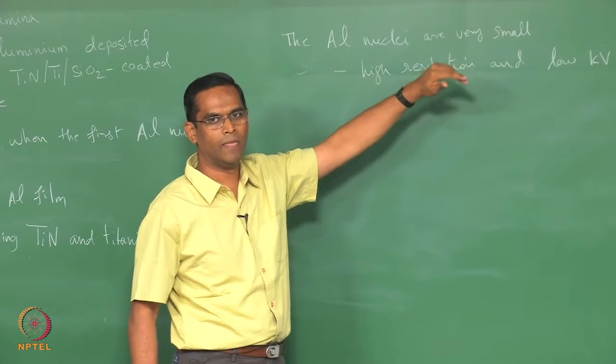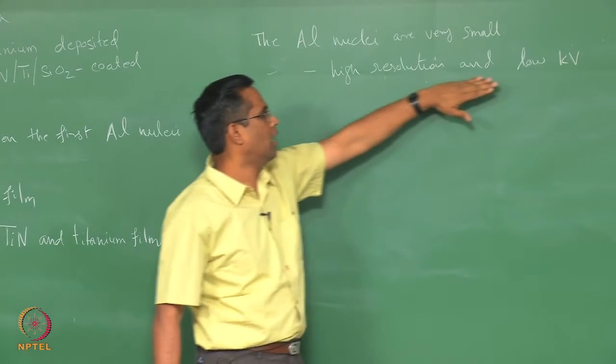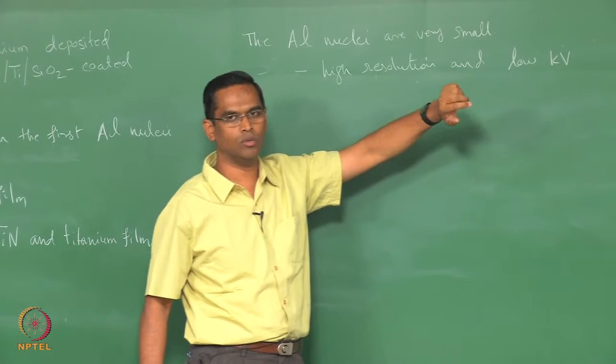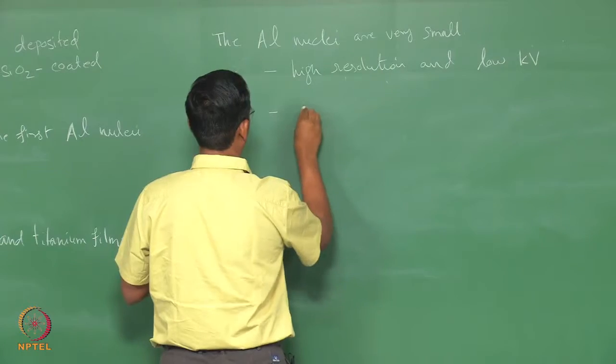Since it is very small, we have to keep in mind that we may require a very high resolution and a low kV in order to avoid the charging as well as the contamination.